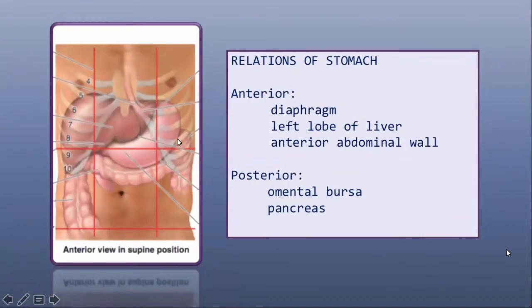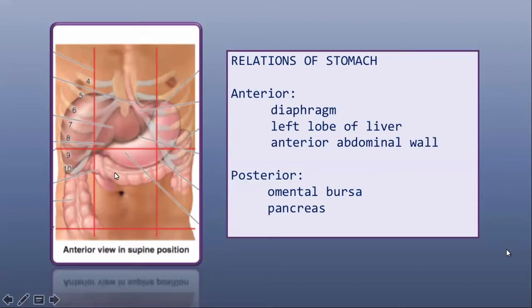Now relations of the stomach, very important. Anteriorly, the stomach would be related to the diaphragm, of course, the diaphragm is here, to the left lobe of the liver, and the anterior abdominal wall. Those are the anterior relations of your stomach. Posteriorly, you have the omental bursa, and the pancreas is behind your stomach.